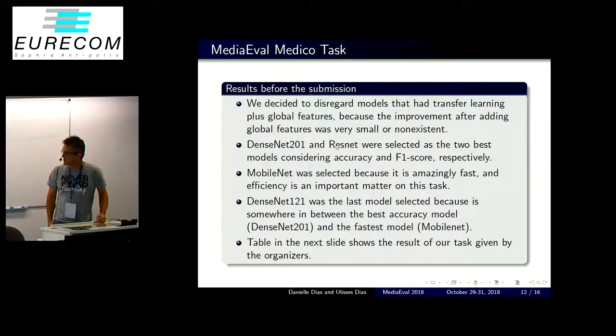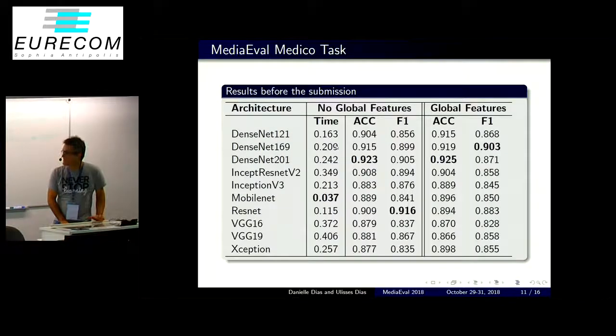And the DenseNet was the last model selected because it was somewhere in between the best accuracy model and the fastest model. DenseNet 121 has 121 layers, so its time is a little bit faster, and its result is quite close to the best result.